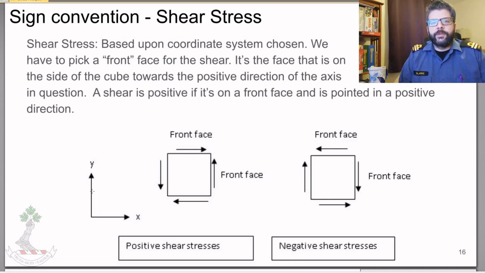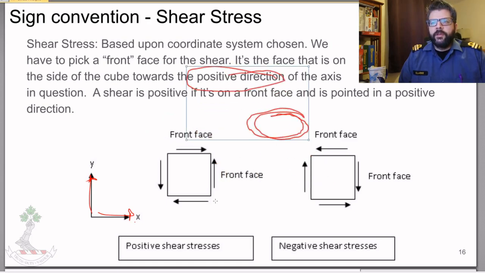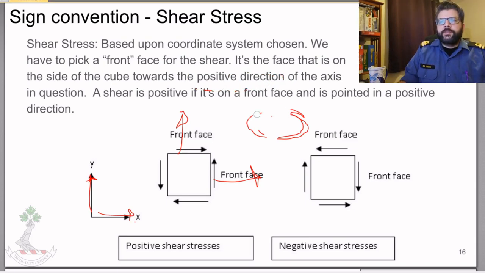So again, in this coordinate system, this is the positive y, this is the positive x. So this is the front face for the x. This is the front face for the y, because a normal from this is pointed in the same direction as the positive direction of that axis.